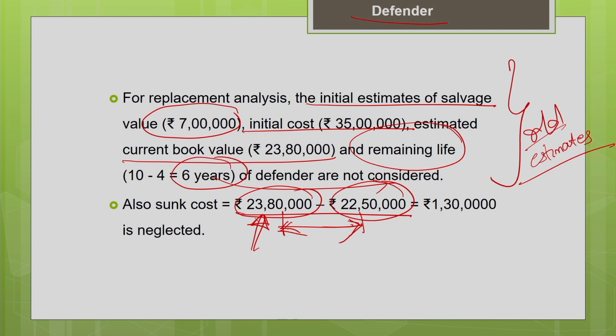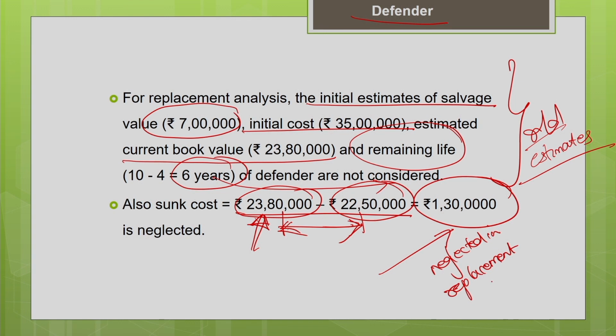It cannot be recovered, so this difference is a sunk cost, and this also should be neglected in the replacement analysis. So, all the old estimates, initial cost, initial estimate of salvage value, initial estimate of useful life, and the sunk cost are not considered in the replacement analysis. These are not important from the outsider or third party perspective.